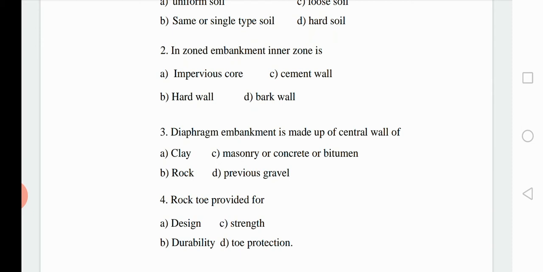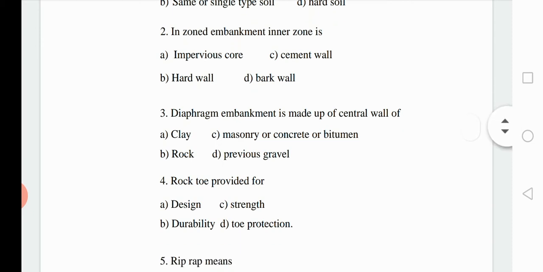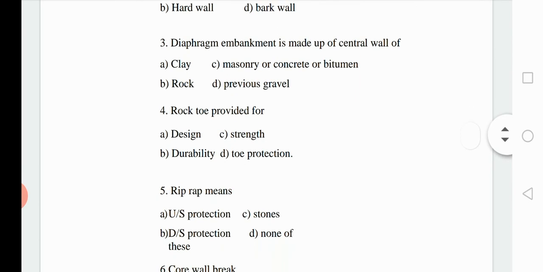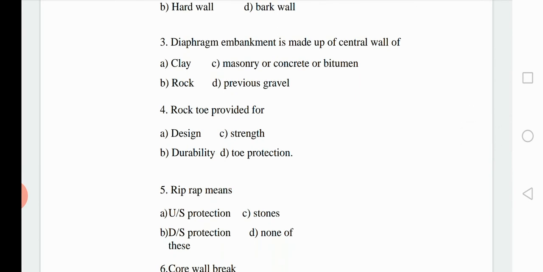The answer is impervious core. Third, a diaphragm embankment is made up of a central core wall of, options are clay, rock, masonry or concrete or bitumen, pervious gravel. The answer is masonry or concrete or bitumen.